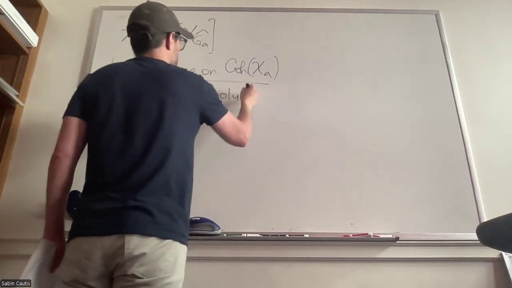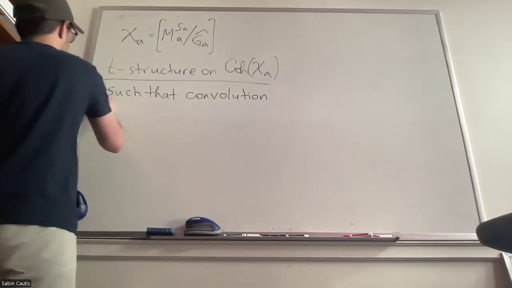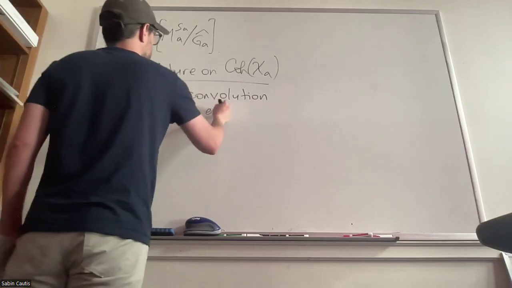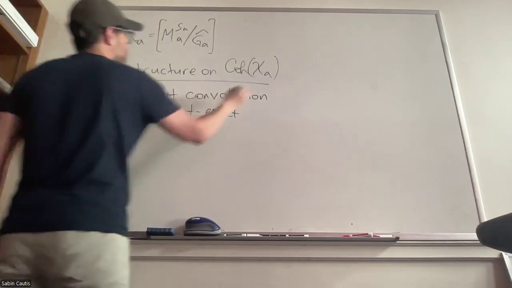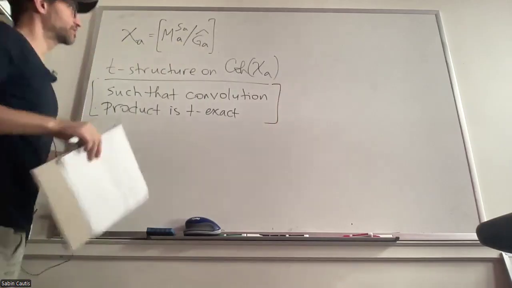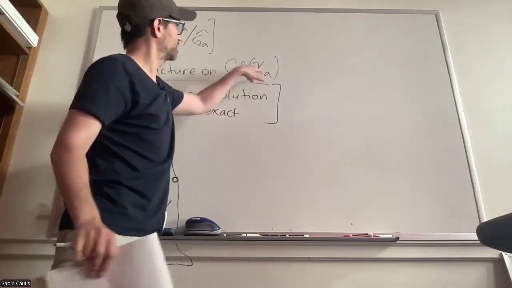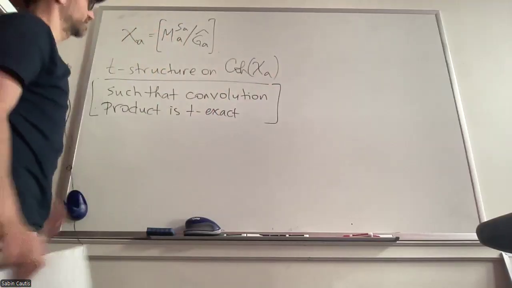In other words, if you take something in the heart of the T structure on here and another object on XB, and you take the convolution product, then they stay in the heart.